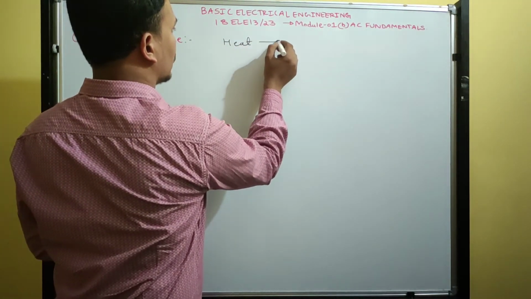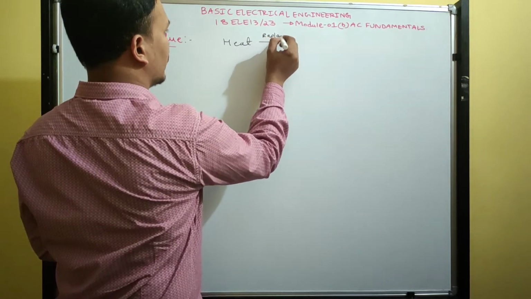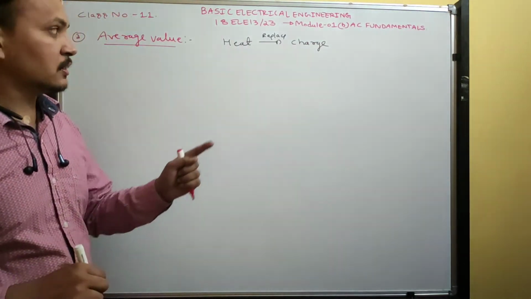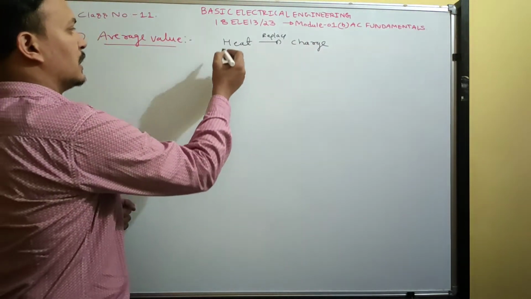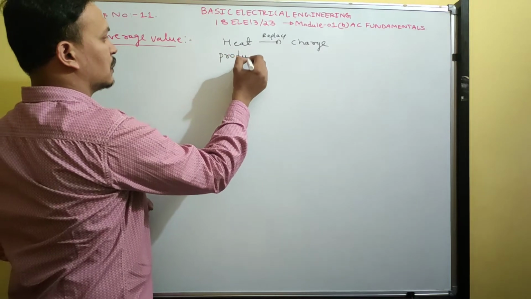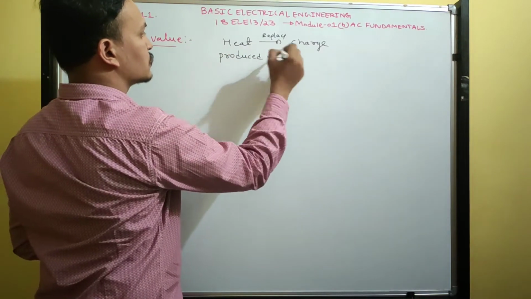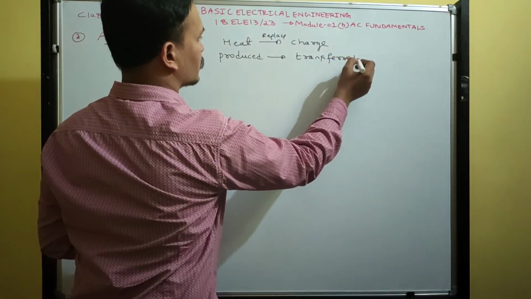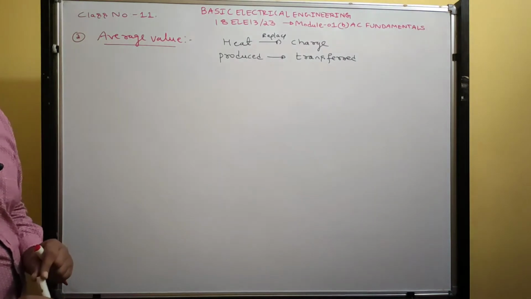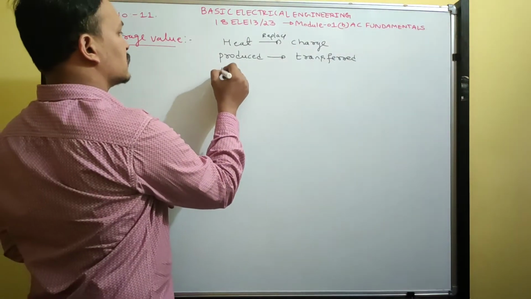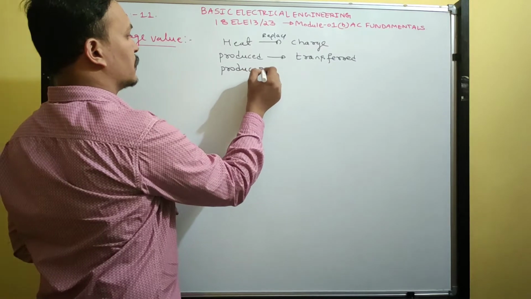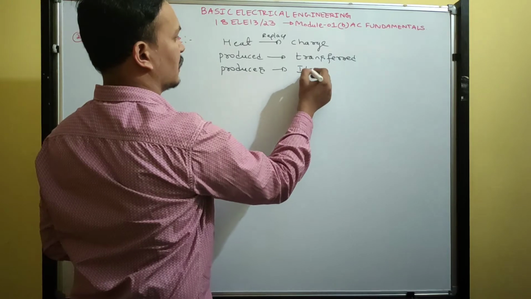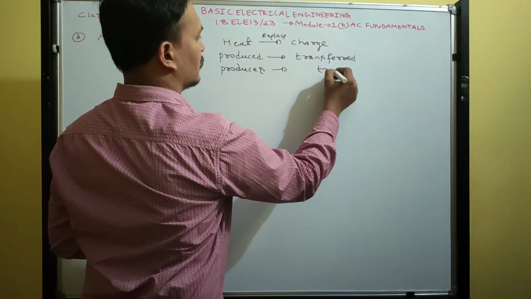You replace heat by charge. And where I used the word produced, you should write transferred. If I use the word produces, it produces the same amount of heat; here you should write transfers.